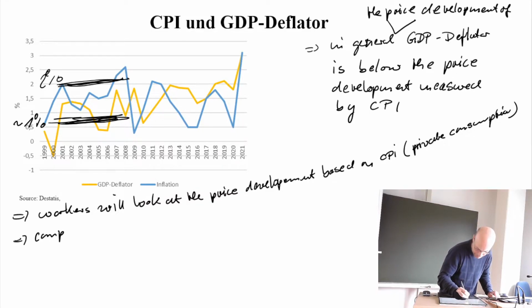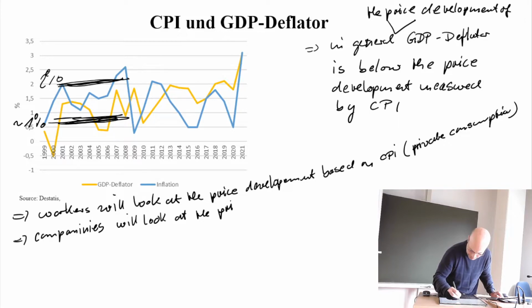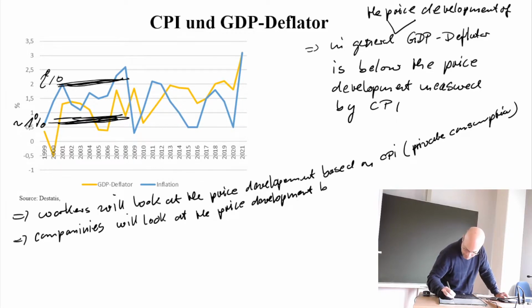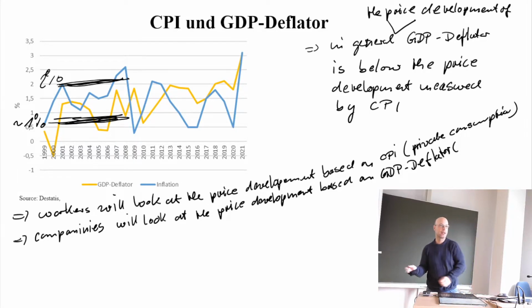Companies will look at the price development based on GDP deflator, because this represents the total economy.